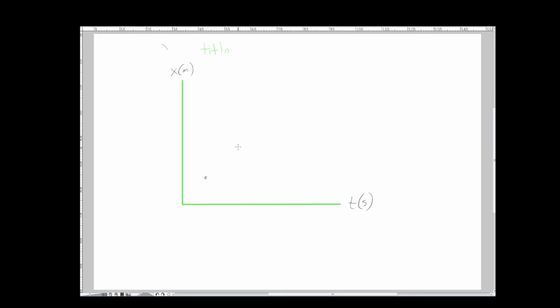So maybe these are your data points. Your best fit, as a rule of thumb, should touch as many points as possible, but it should have the same number of points above as below.